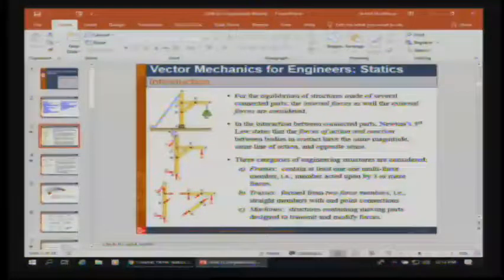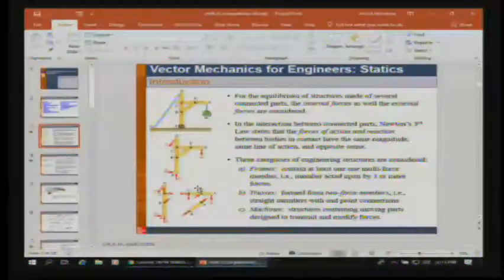The way that we analyze something like this is by looking at everything that's happening on the structure, for example, the tension from D to G, the weight, and the reactive forces at A as being external, and then analyzing based on that. Now, there are 3 different things that we'll talk about: trusses, frames, and machines.